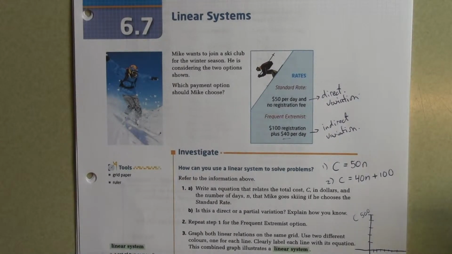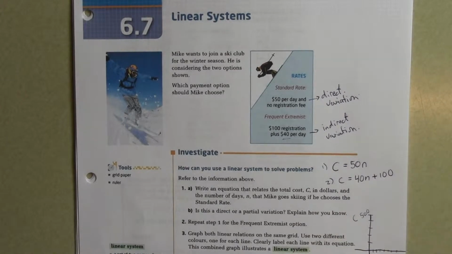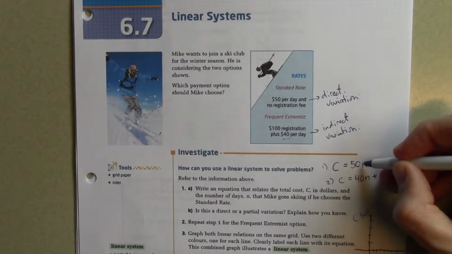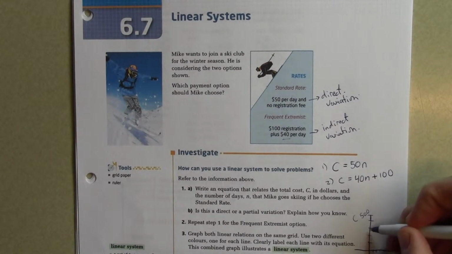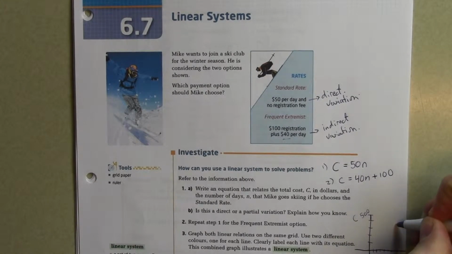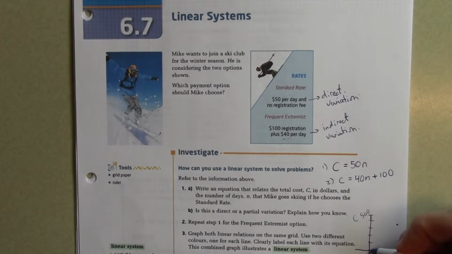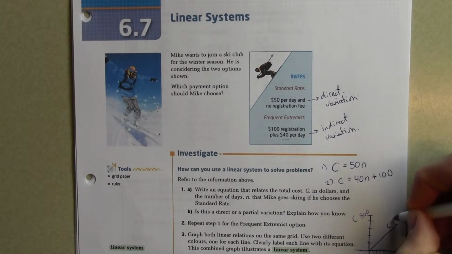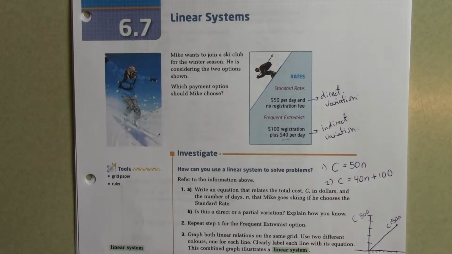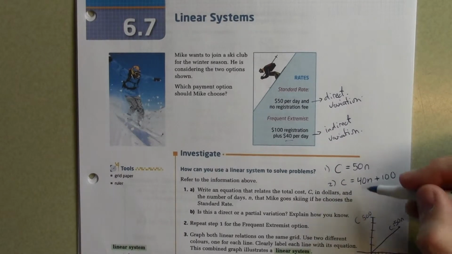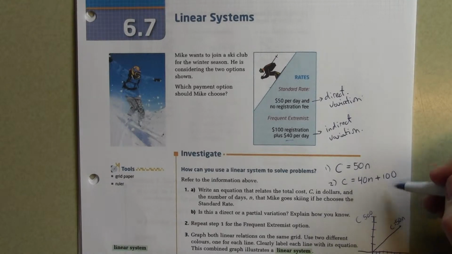Okay, so two lines. The first one is 50N. So in 7 days, it's going to cost 350. So there's one line. This is C equals 50N. The next line is 40N plus 100.